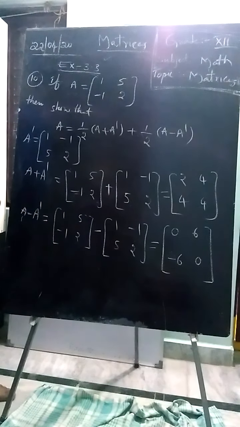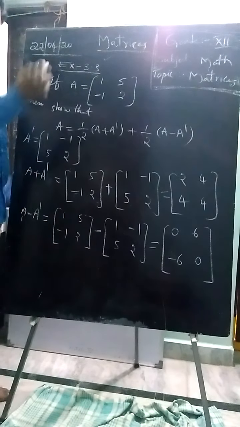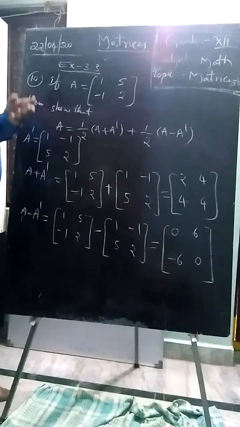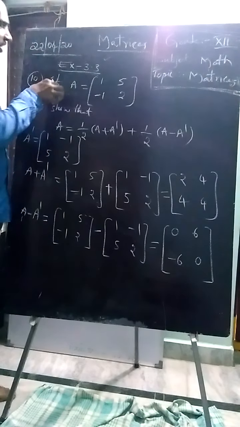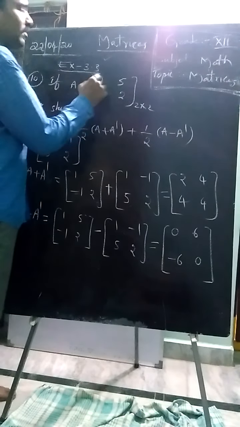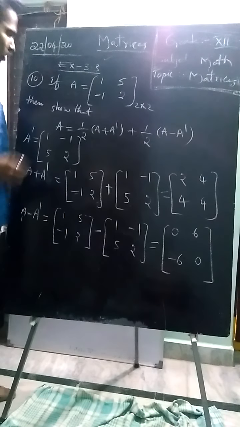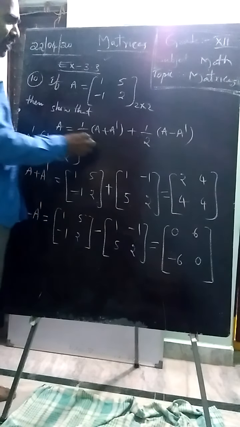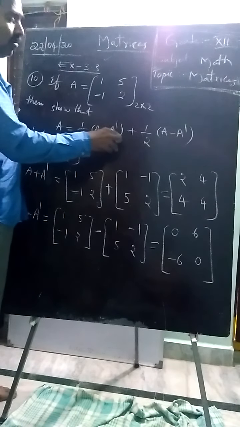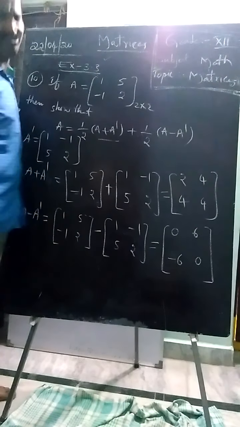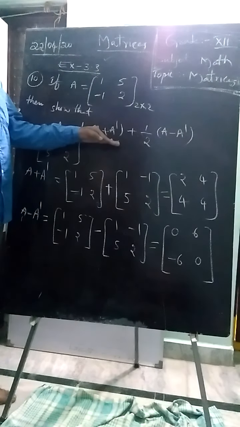Yes, students. Now let us discuss one more problem, which is the application on transformation or transpose of matrices. If A is given as the 2 by 2 matrix 1 5 minus 1 2, then we have to show that matrix A we can write as half of a symmetric matrix plus half of a skew symmetric matrix, I mean A plus A dash.